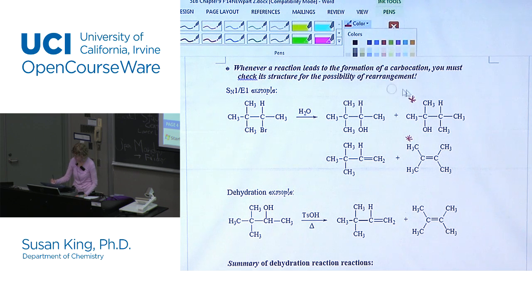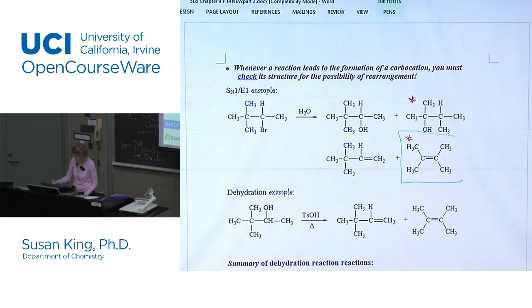The fourth product? Yeah. Tetrasubstituted alkene. And here's a dehydration example. This is just like the one that we just did. And so definitely this is the rearranged product. So that's what the asterisk means, from rearranged product.